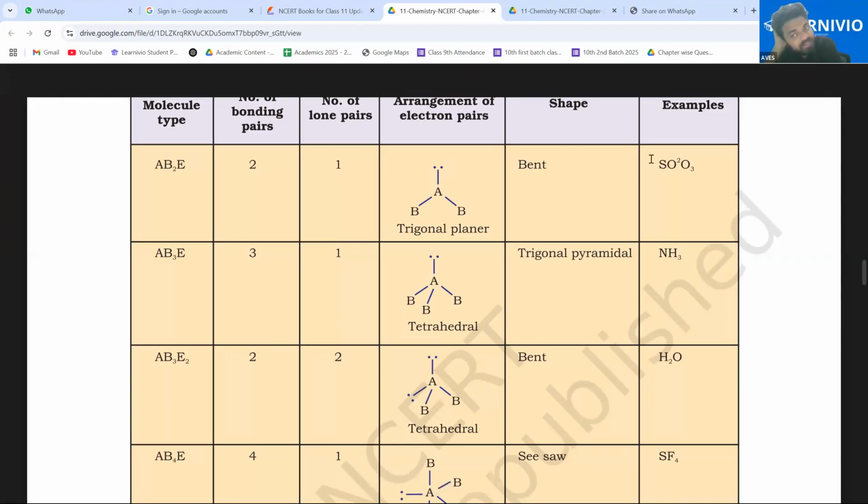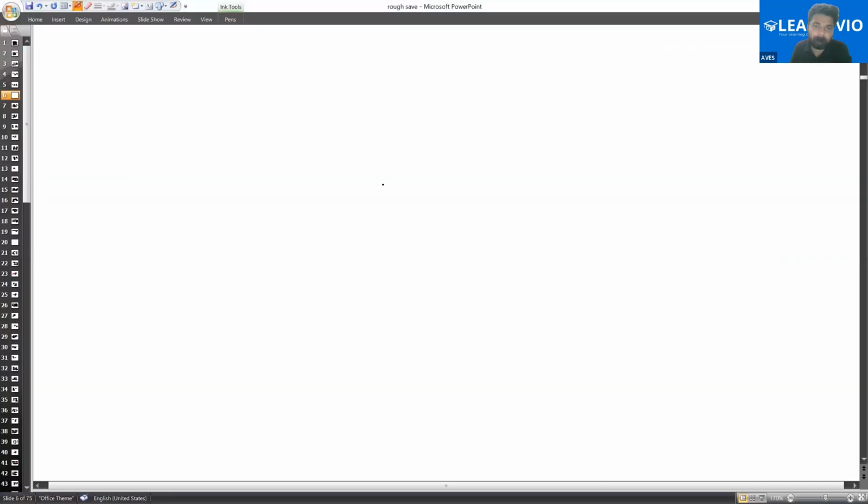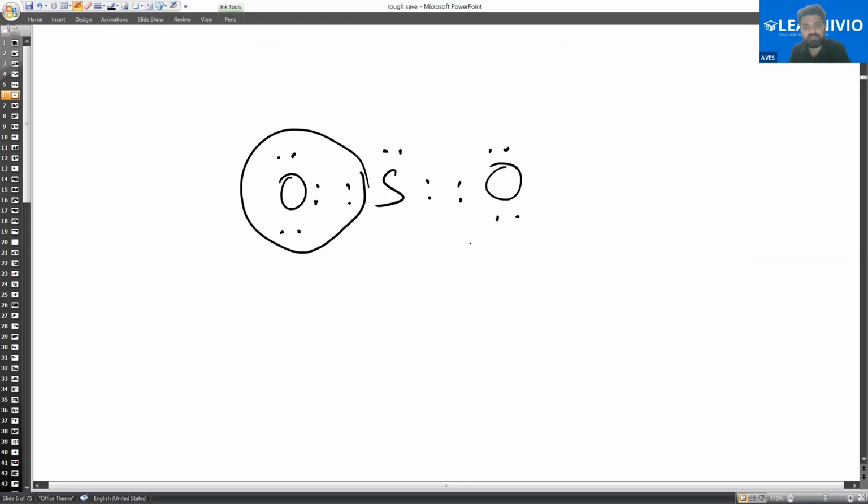Yes, sir. Like in sulfur dioxide. Sulfur has 6 electrons in its outermost shell, and it is making 1, 2, 3, 4, 5, 6. The 2 oxygen atoms are also making bonds. Oxygen also has 6. So this 8 will be completed, this 8 will be completed, and this will be completed.